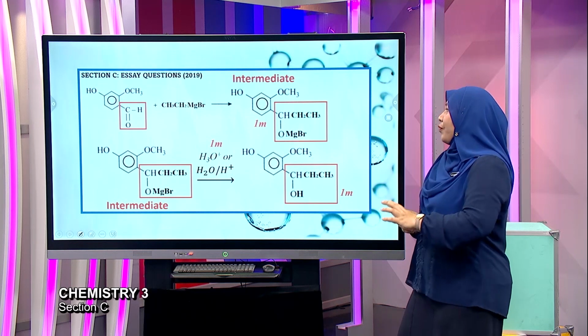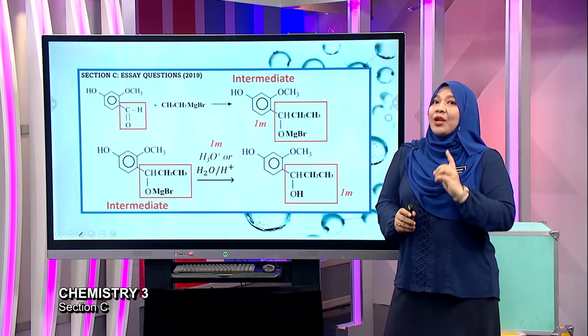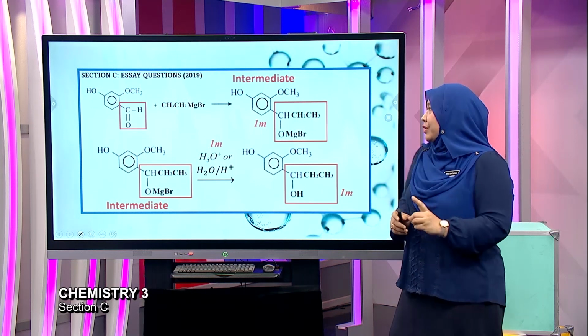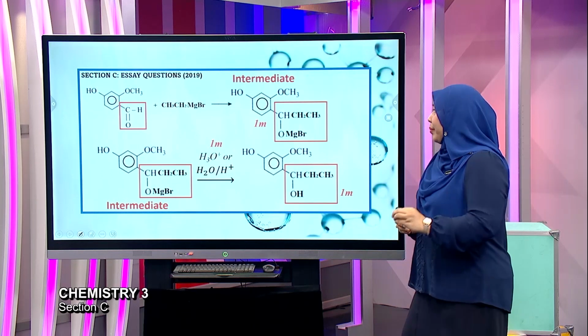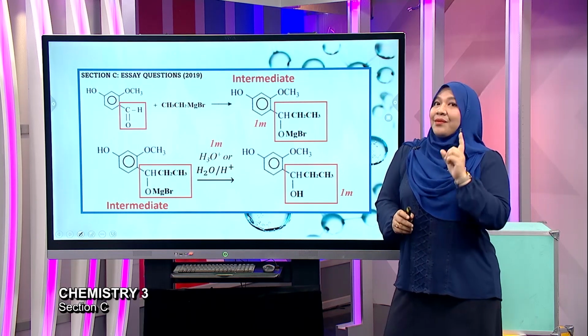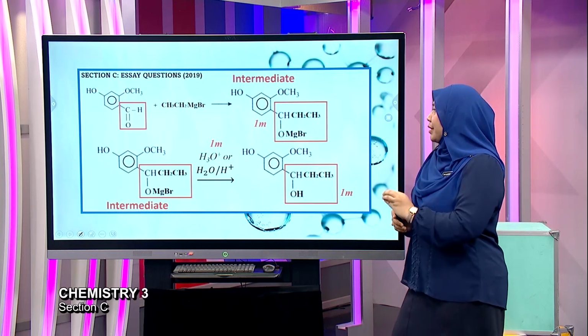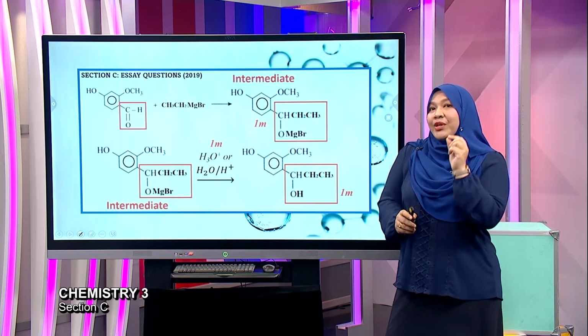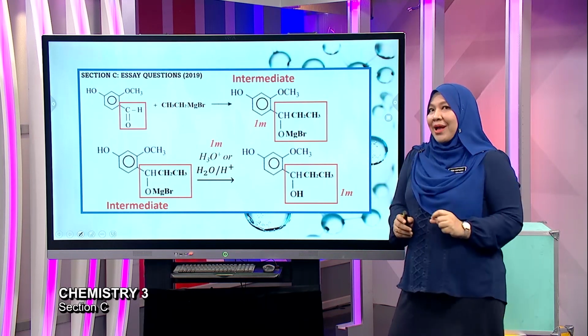And then next, the intermediate undergoes acidic hydrolysis to produce the final product, which is the alcohol. So here, when you write the correct reagent and condition to carry out the reaction on the intermediate to get the final product, which is the alcohol, you will get 1 mark.